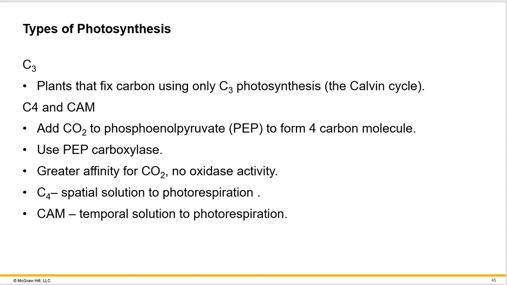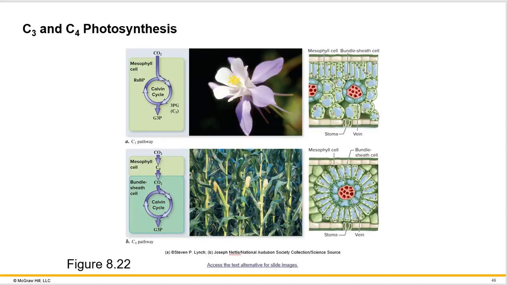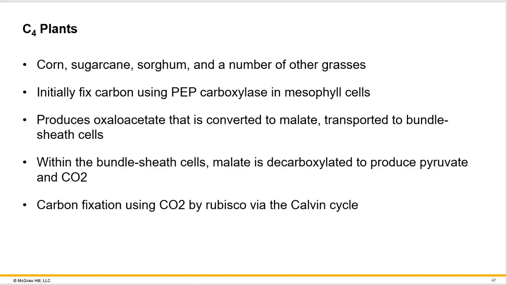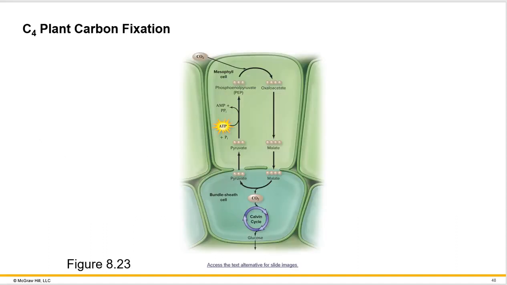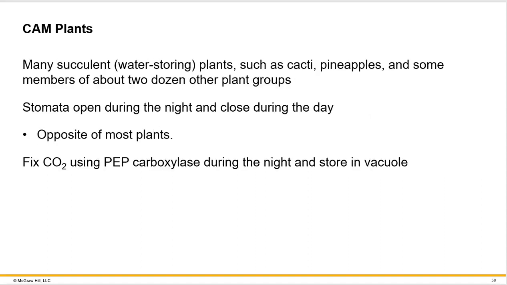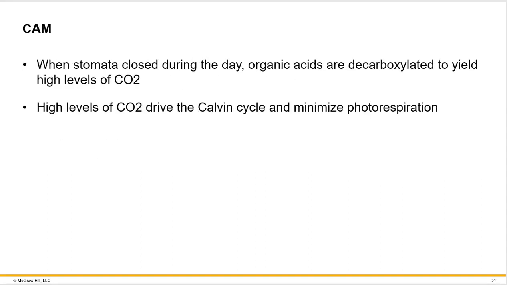And there are CAM plants that will open their stomata at night, bring in carbon dioxide, and add them to molecules so that you can have them for later. It's a method to reduce water loss through your stomata. So you can read about the C4 pathway and the CAM plants.